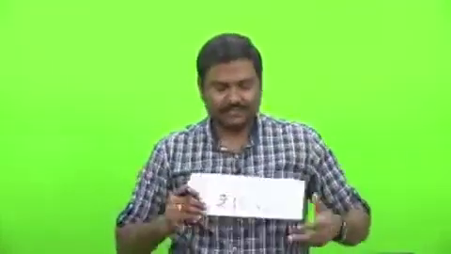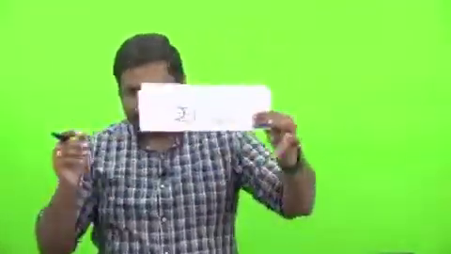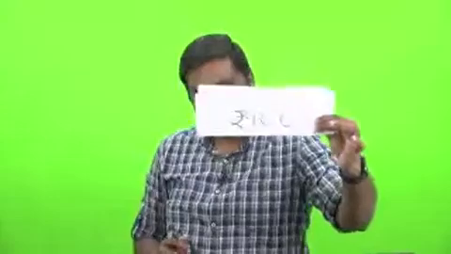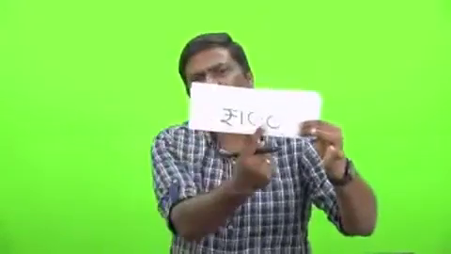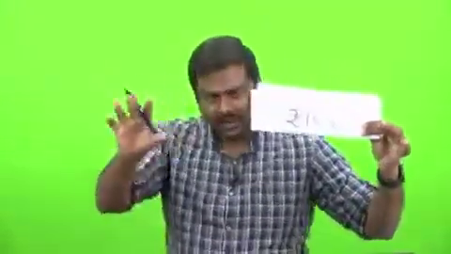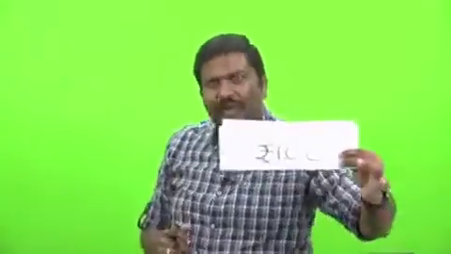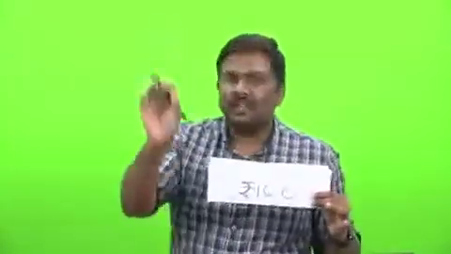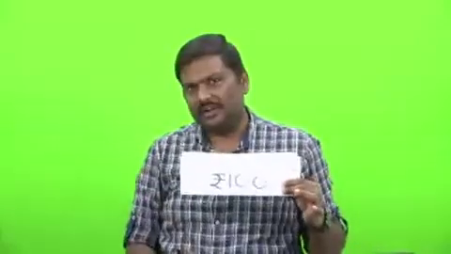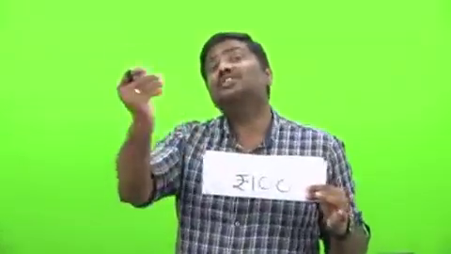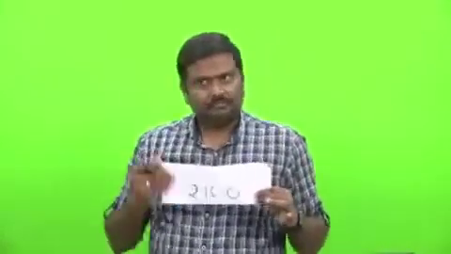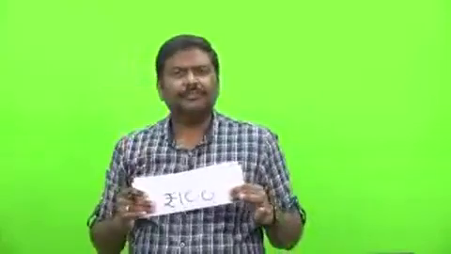You will issue one instrument to me. What is the value of the instrument? 100 rupees. And when you're issuing that instrument, you will tell me, sir, keep the instrument. Annually, I will give you 8% rate of interest, but there is no maturity period for it.